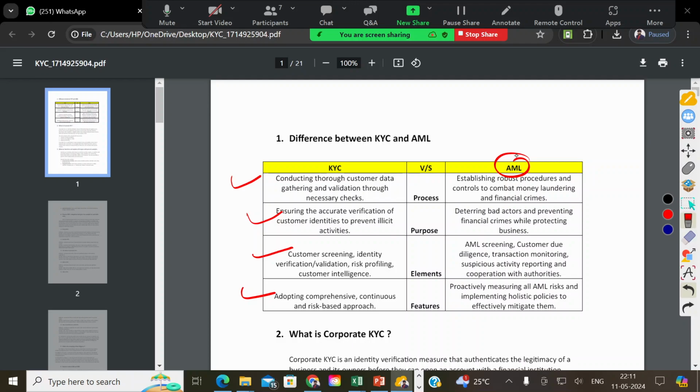All right. Anyways, this is not a political session, so I don't want to expose anyone here. But I'm just giving you an example of how money laundering works. So the purpose of money laundering prevention is deterring bad actors and preventing financial crimes while protecting businesses.